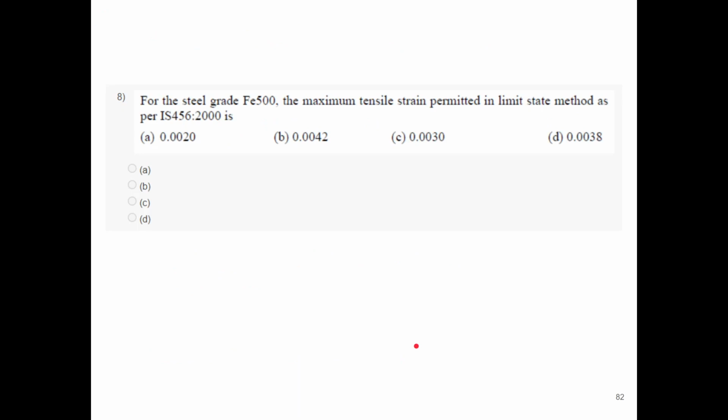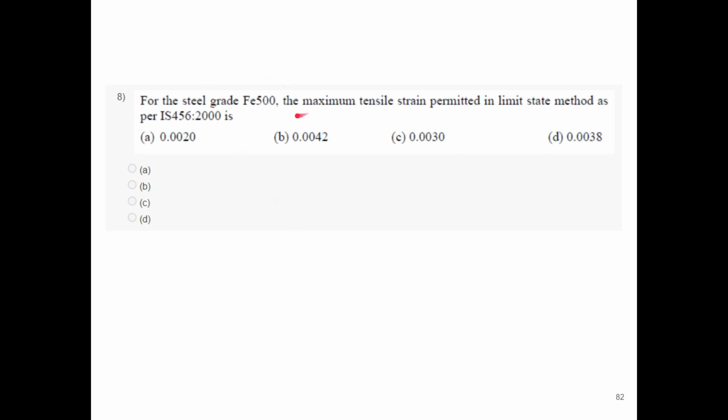Next question: for the steel grade Fe500, the maximum tensile strain permitted in limit state method as per IS 456-2000 is how much? A 0.0020, B 0.0042, C 0.0030, or D 0.0038. As per IS 456, the maximum tensile strain permitted in the limit state method is Fy by 1.15 Es plus 0.002, that is 0.87 Fy by Es plus 0.002.